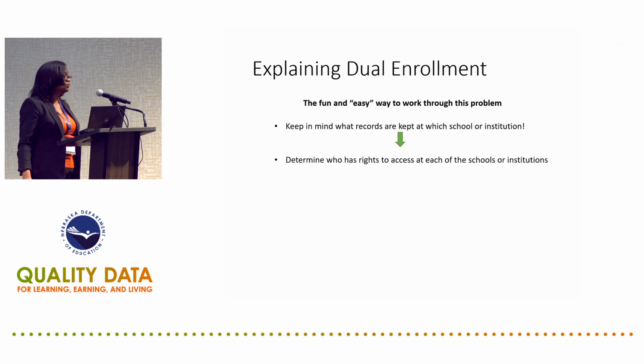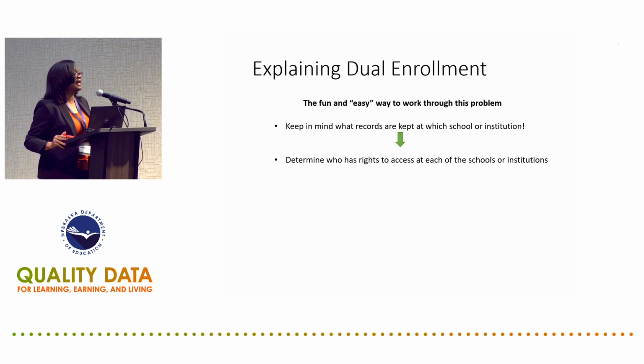At the high school, Janet is 17 and a 12th grader. Parents still have those rights there. Nothing changed about the parents' access rights at the high school. However, because Janet is at the post-secondary, at the post-secondary Janet is an eligible student. You got me? So she's not an eligible student at the high school. She's 17, the parent still has rights at the high school.